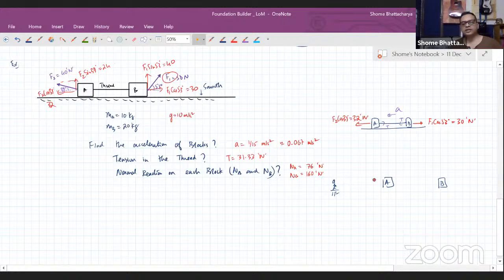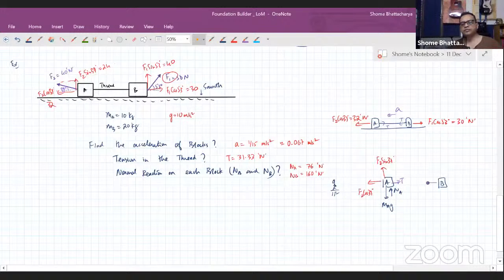So A's free body diagram will have these two components of F2, tension, weight and normal reaction. Okay.